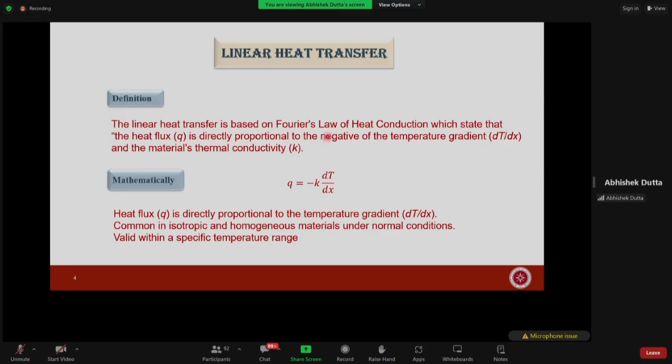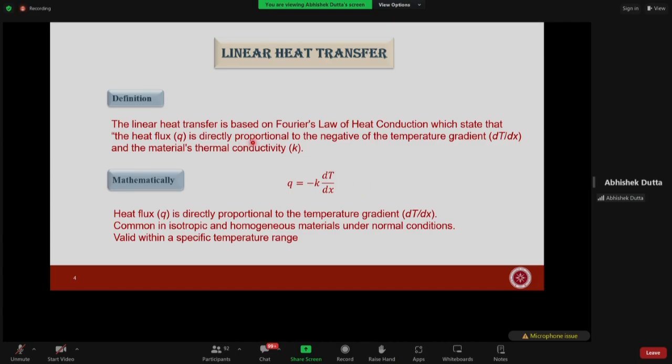The linear heat transfer is based on, again, Fourier, as I just mentioned a few seconds ago. Fourier's law of heat conduction states that the heat flux, in this case Q, is directly proportional to the negative of the temperature gradient. The temperature gradient can be expressed as dT over dx if it is in one dimension; if it is in multiple dimensions, you just add y, z, and so on.